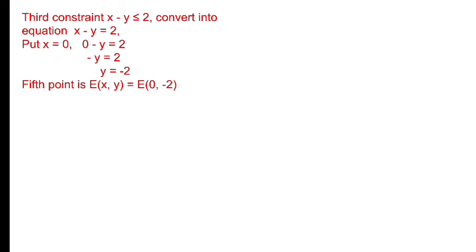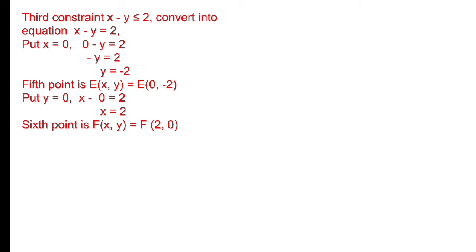Now put y equal to 0. So x minus 0 equal to 2, then x equal to 2. Then the sixth point is F of x comma y equal to 2 comma 0.